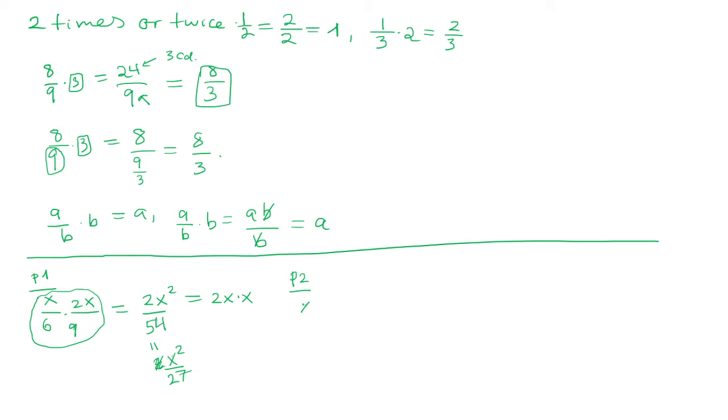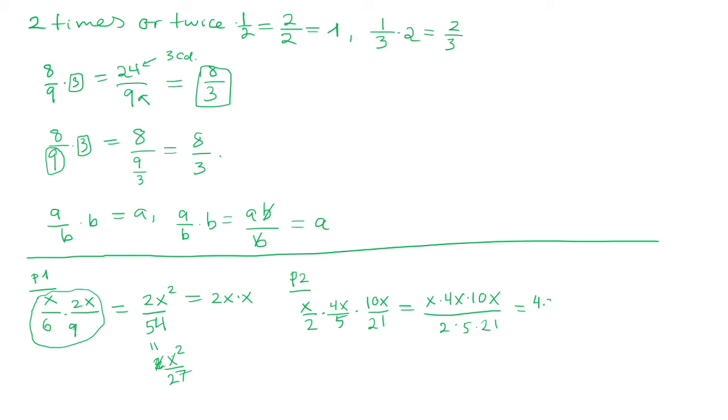Suppose we have the following fraction: x divided by 2 multiplied by 4x divided by 5 multiplied by 10x divided by 21. In that case we have x multiplied by 4x multiplied by 10x divided by 2 multiplied by 5 multiplied by 21. And x multiplied by x equals x to the power of 3.